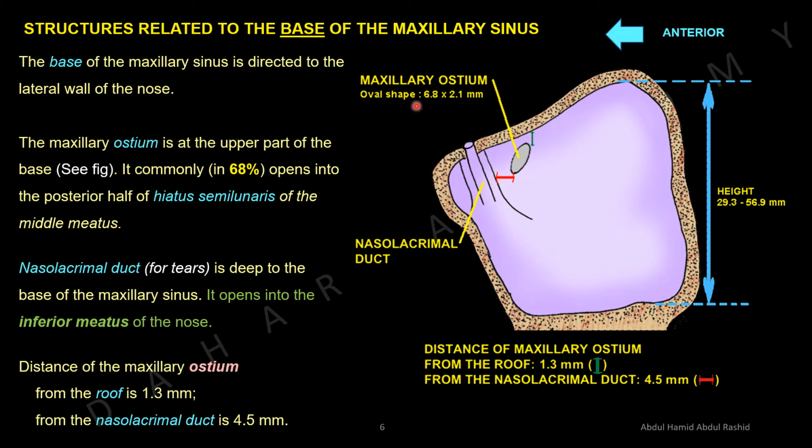It is oval in shape. Where does this nasolacrimal duct open? As I have said earlier, it is not into the maxillary sinus, but it is into the inferior meatus of the nasal cavity.